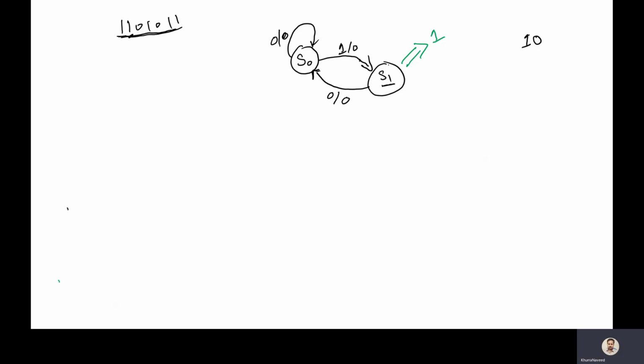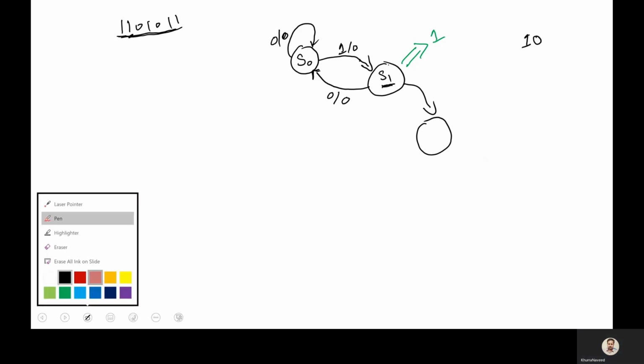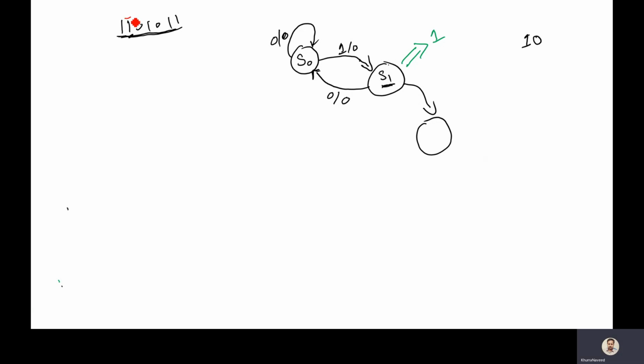When we are at this state S1 and we receive a 1 at the input, in that case we would want to go to the next state, because now we have detected the second one.